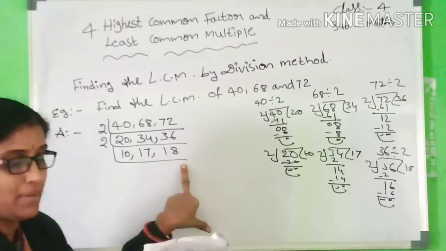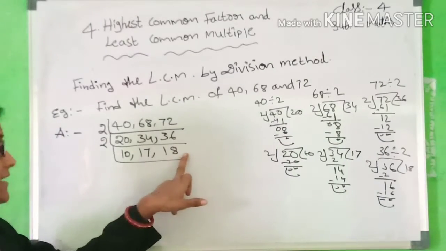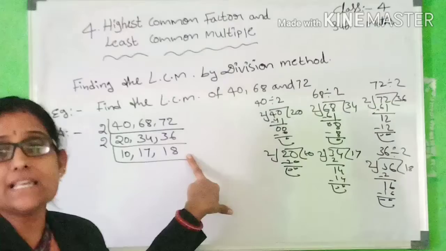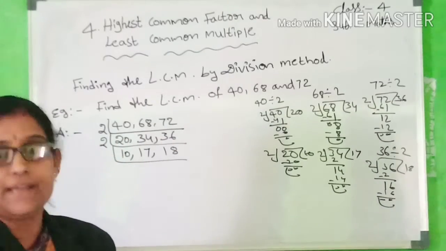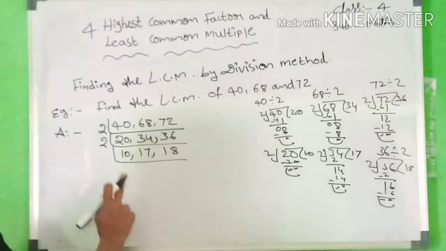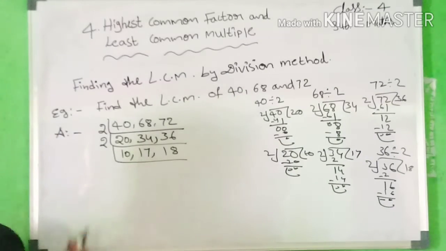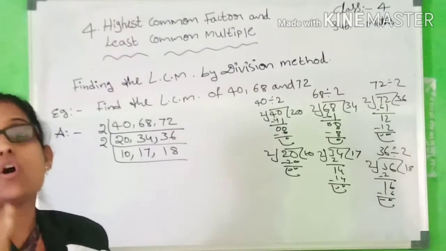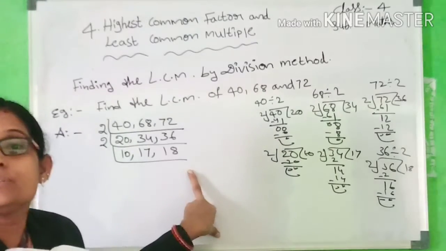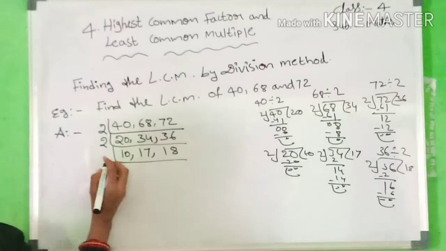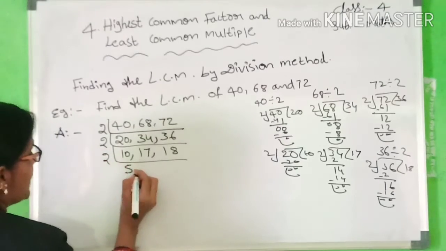But 10 and 18 have 2 as a common factor. Here 10, 17, 18 do not have a common factor, but 10 and 18 have 2 as a factor. Now you have to divide by 2. 2 5s are 10.